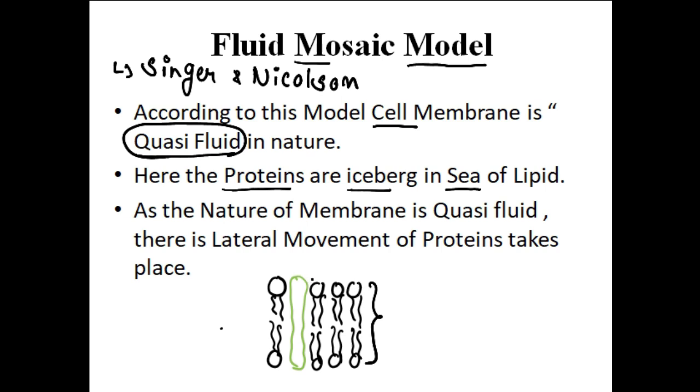As the nature of the membrane is quasi-fluid, there is a lateral movement of the protein. Due to the quasi-fluid nature of this membrane, this protein performs the lateral movement, and this lateral movement is known as fluidity.